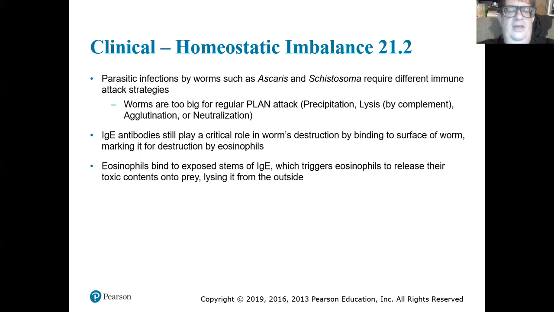So in other words, these worms are too big for the antibodies to take down themselves, but when they bind to the molecules on these worms, they cause the eosinophils to come in and release the granules they have inside, the ones that stain red, and the contents of those granules cause the worm to burst open, which is pretty badass and really ought to be in some sci-fi movie.